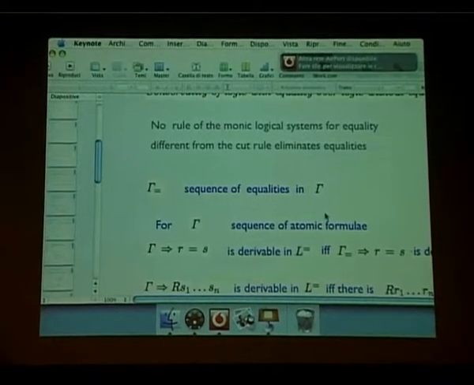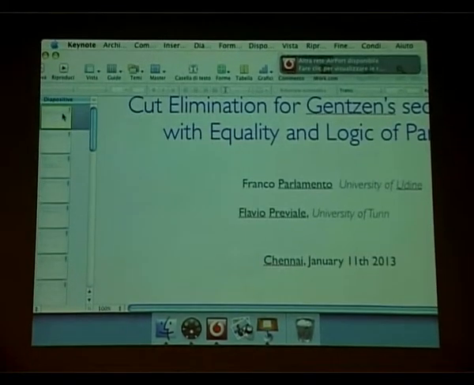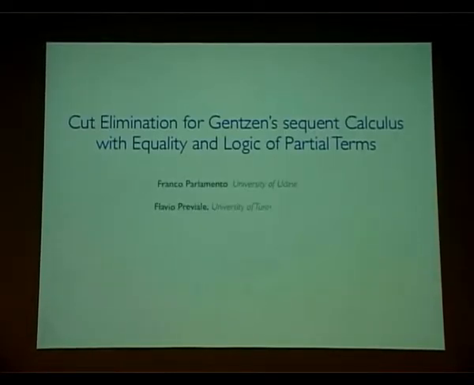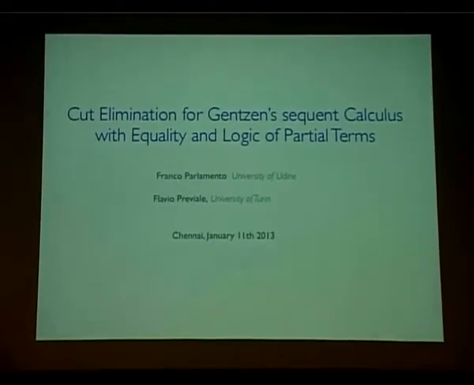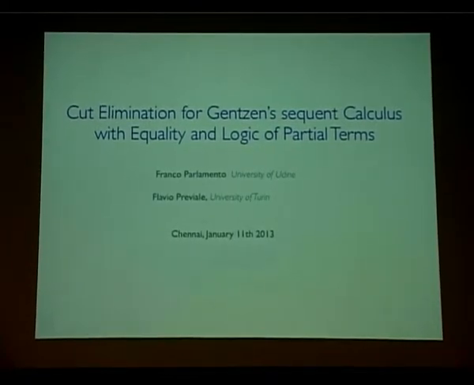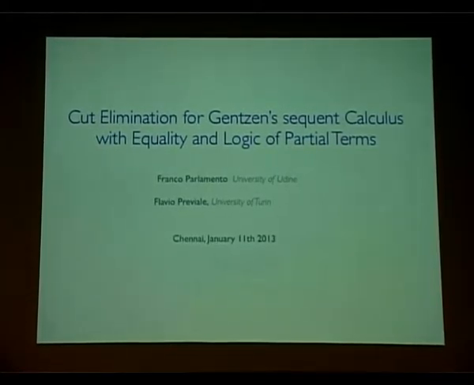But it is a sort of side result that we obtained while trying to carry through a proof-theoretic analysis of the logic of partially defined terms. So perhaps I will say first something about this project that we are carrying through, and then get into the details of the proof of cut elimination.